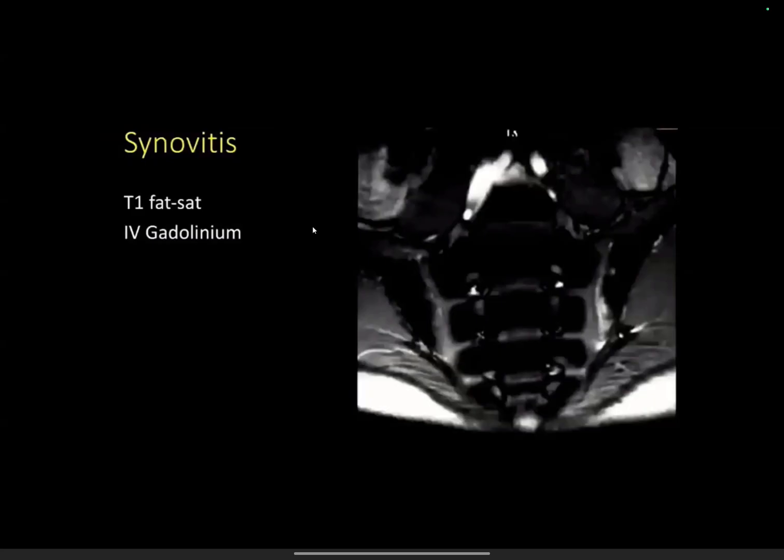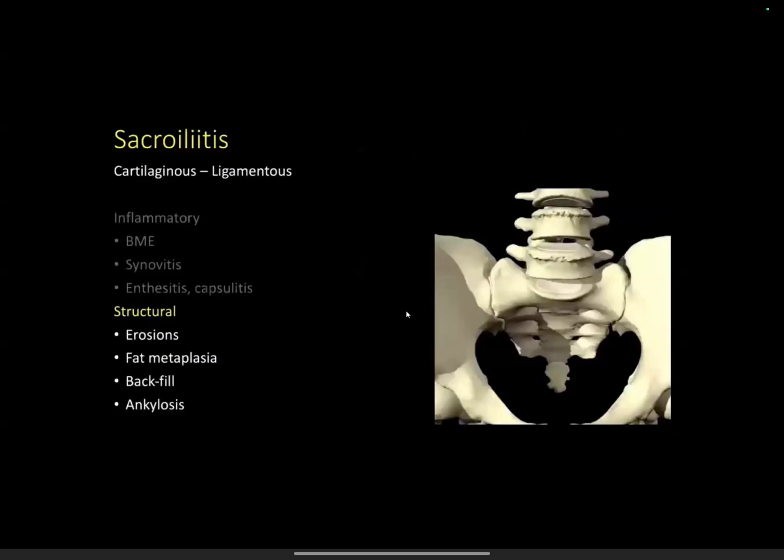Now coming on to synovitis. Similar, so the synovium along the joint space, yes. T1 fat sat image is a good sequence to see these, but the best is IV gadolinium, and not only post contrast images, but theoretically the proper synovial thickening is to be seen on subtraction images, meaning post contrast minus T1.